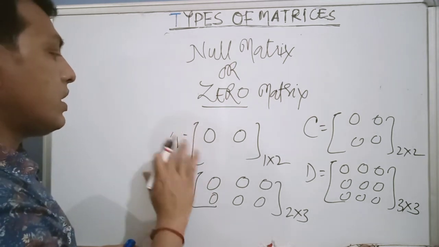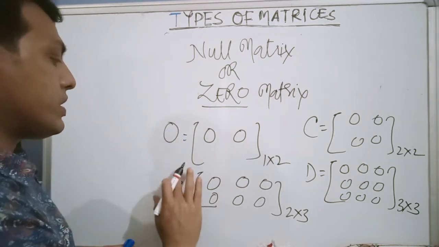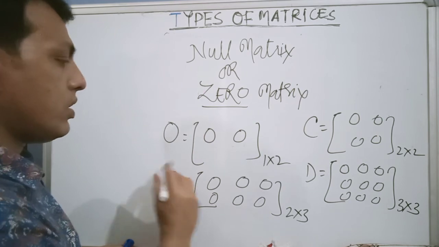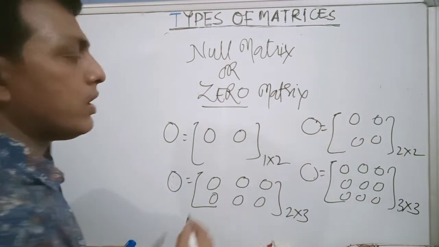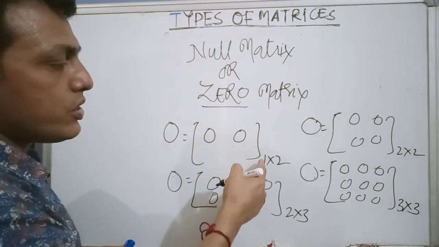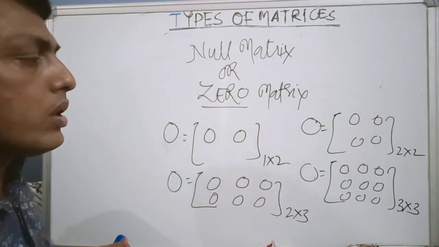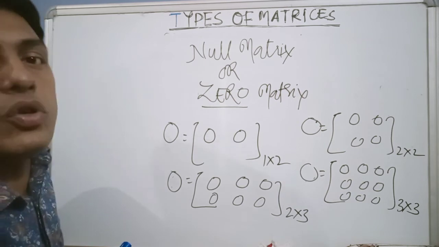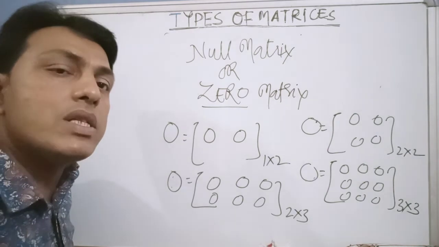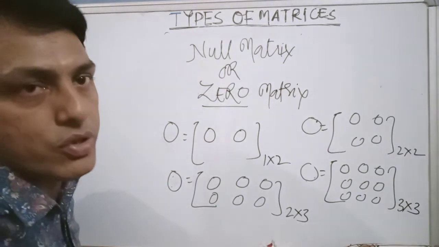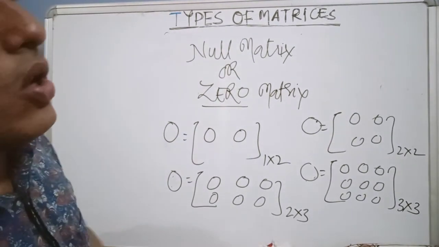So the symbol will be this, O. Correct? So there is no restriction for a null matrix to be a square matrix. Any matrix can be a null matrix, but the condition is all elements should be 0.